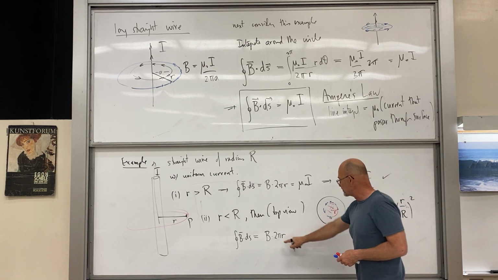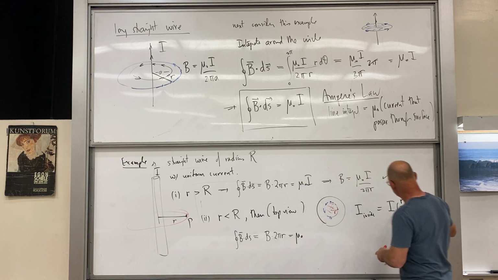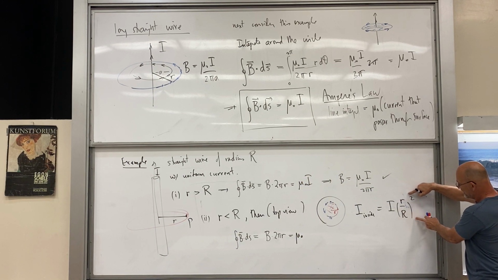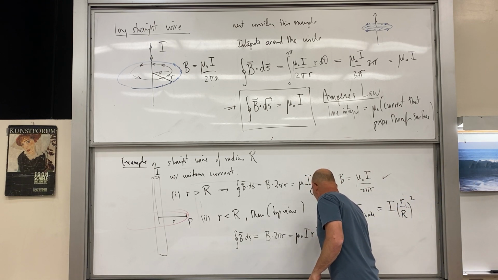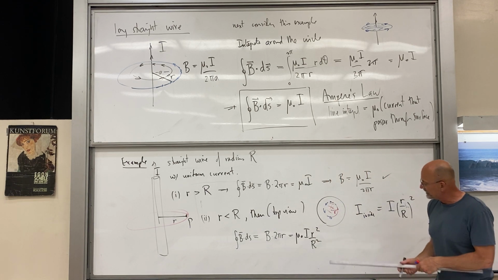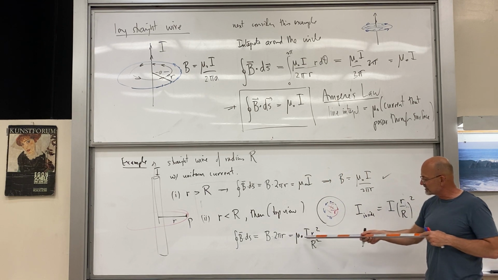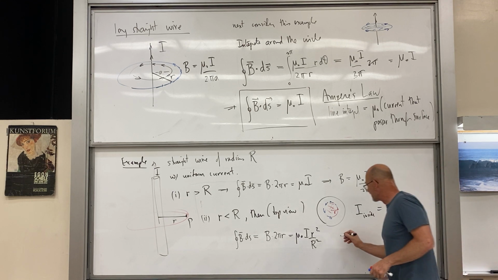So good, B times 2 pi r. Now on the right side, it's going to be mu naught times this, I r squared over capital R squared. And you notice we get something different now, right? We cancel one of those r's on either side, and what do we get?